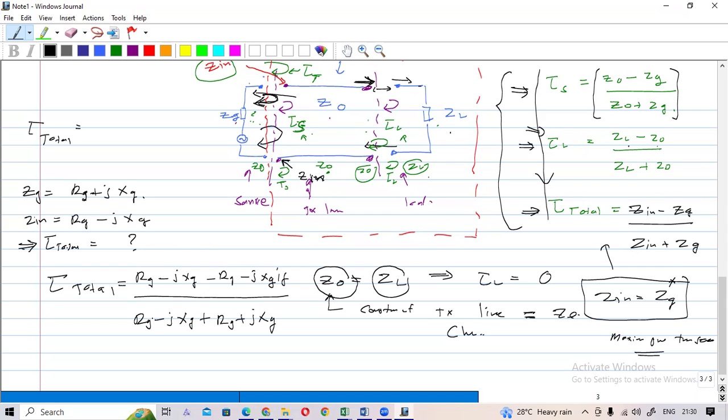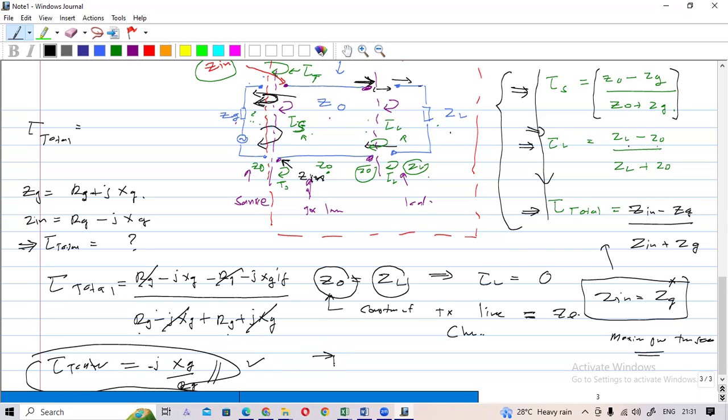Here jXg cancels out, so you have 2Rg. In the numerator Rg cancels out, so you have minus jXg divided by Rg. This is the total reflection. So reflection is there, but still the maximum power will be delivered to the load.